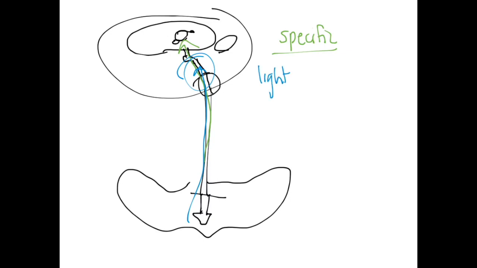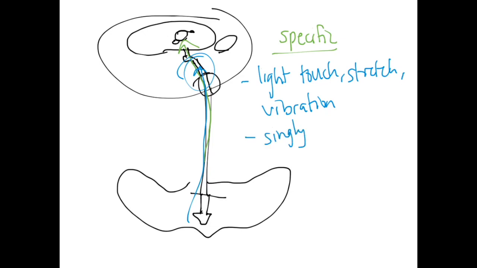Things that take a lot of detection. So light touch. Stretch is a very specific thing, right? We want to know how stretched out our muscles are. Vibration. So it sends information about a single type of sensory information using a single type of sensory receptor.